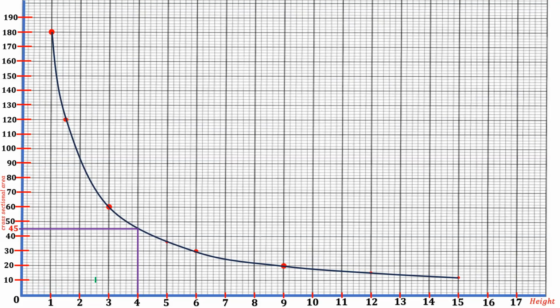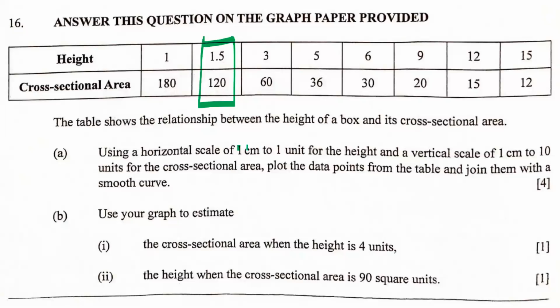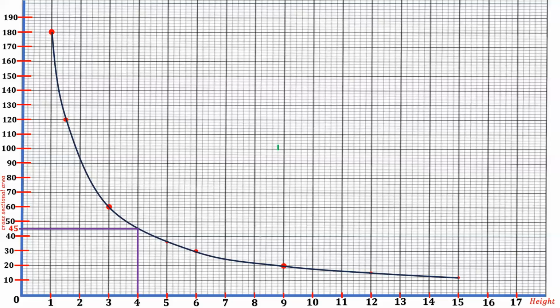They said 1 centimeter to 1 unit, right? That's important. So that means that on the x-axis, we're counting in ones. So this is 0, 1, 2, 3, 4, 5, 6, 7, 8, 9, 10, and so on. We're counting in ones. And this is the height, right? So I have that height labeled.